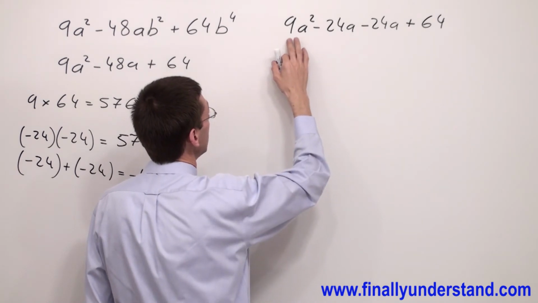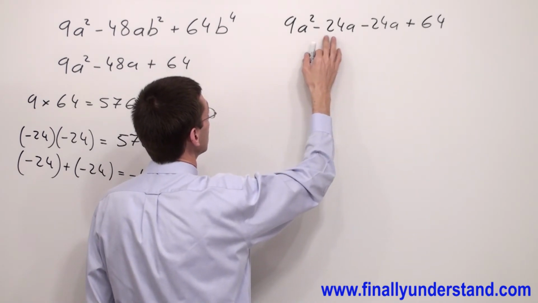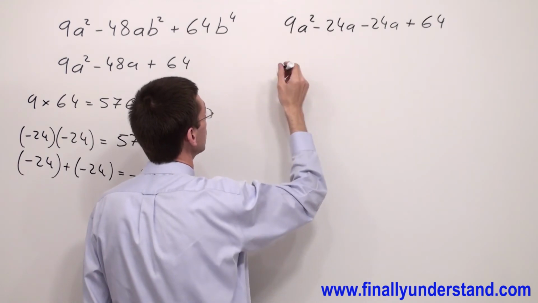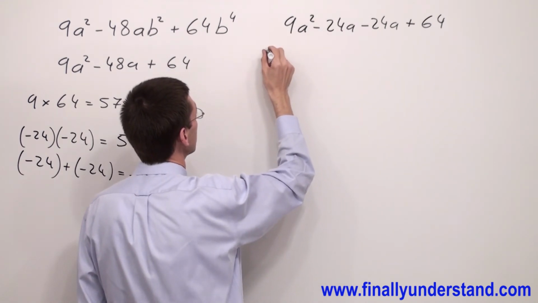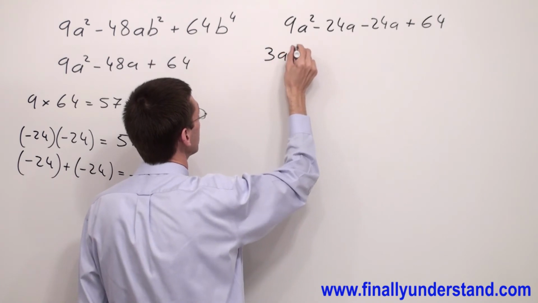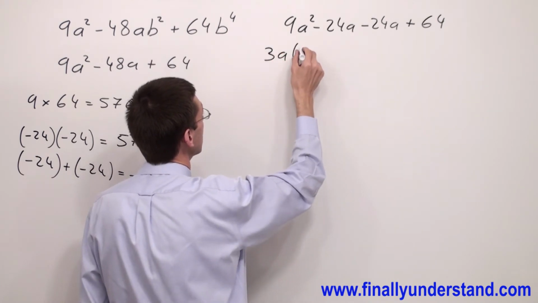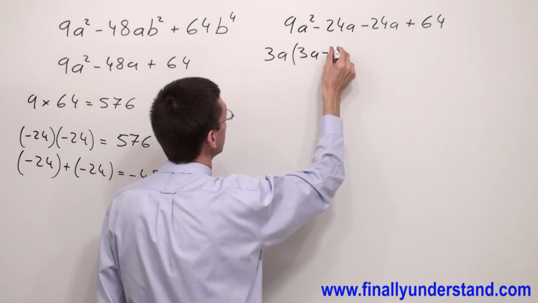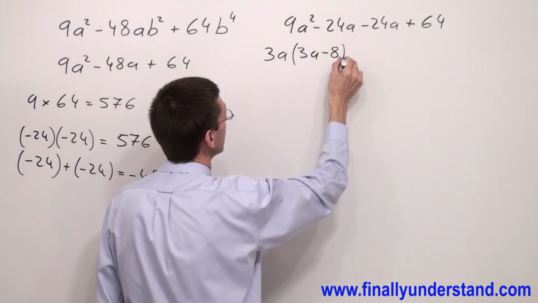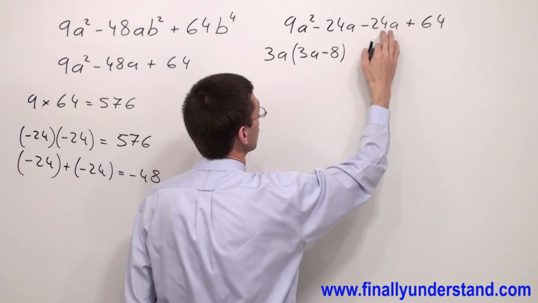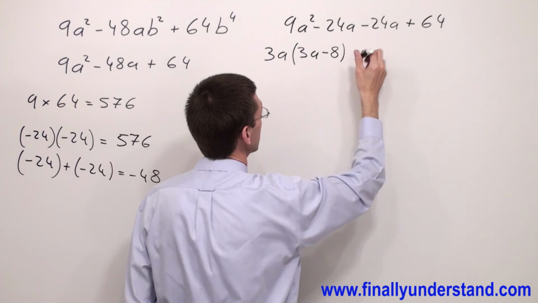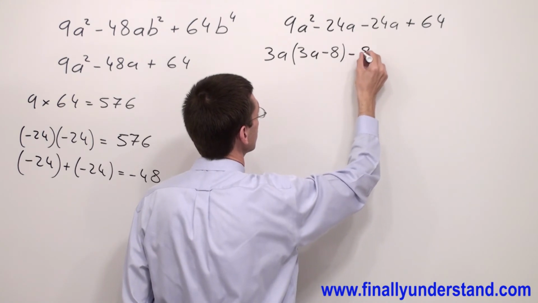Next, you're supposed to check what we can factorize in this expression. I have 9 and 24. I have a squared and a. From these two terms, I can factorize 3a. Inside of the parentheses, I'm going to have 3a minus 8. Let's take a look at what we can factorize from these two terms. From these two terms, I can factorize negative 8.